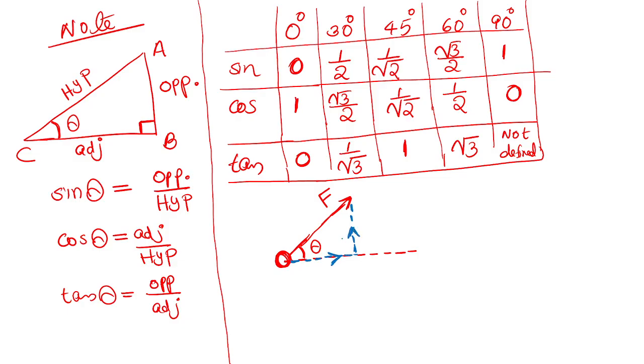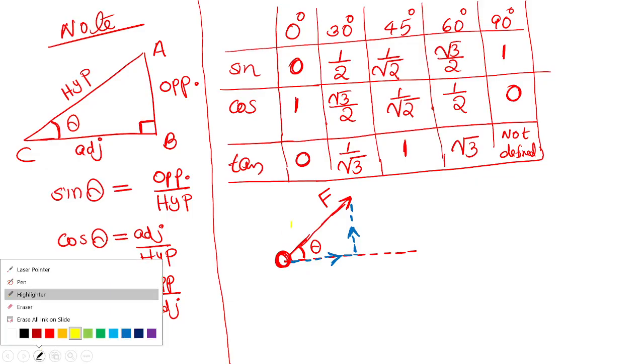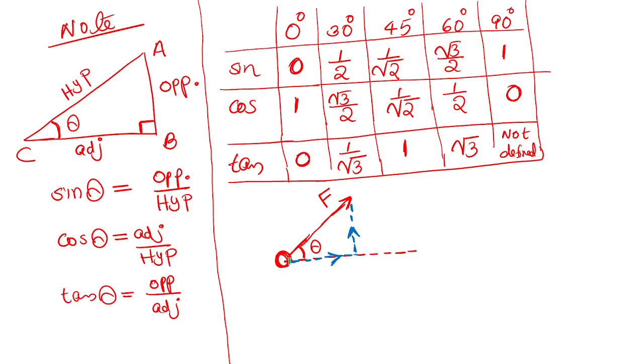Understood? In the previous class, we studied that as per the triangle of vector addition, this F is the resultant, or this vector is the sum of this vector plus this vector. We studied addition of vectors.